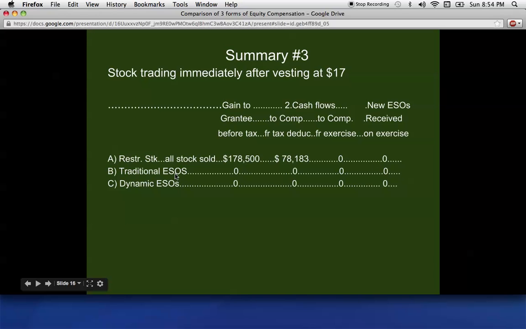And the traditional and the dynamic options don't get any cash because there's no intrinsic value because the stock's down. There are no flows to the company, and there's no exercising, and therefore no reissuing of new employee stock options equal to the time value.